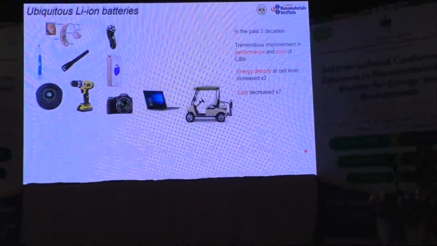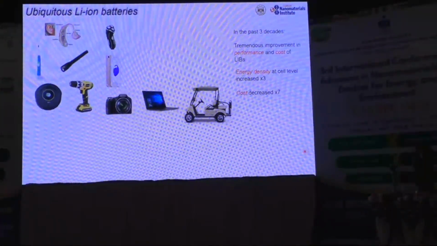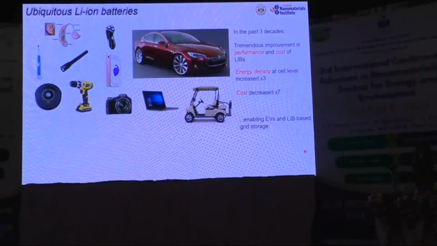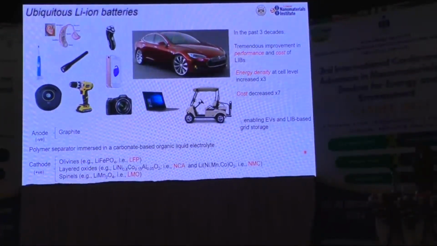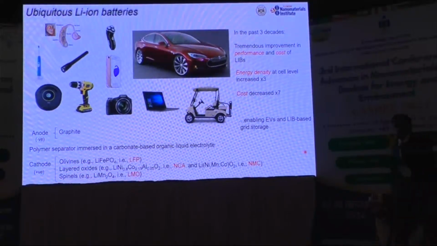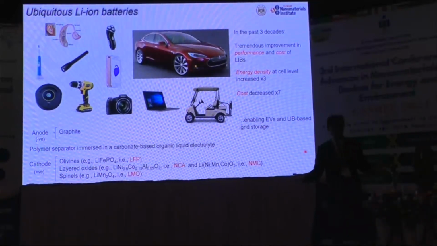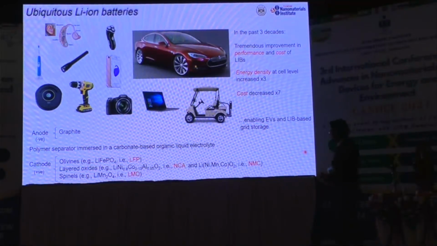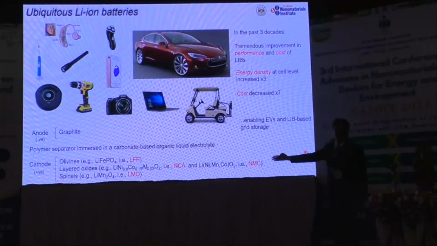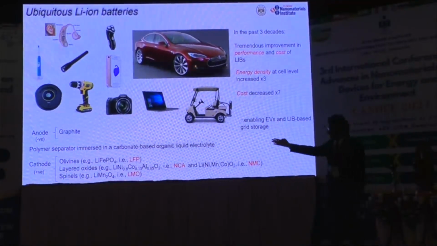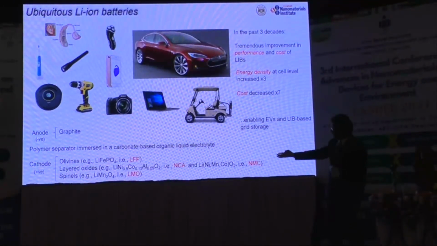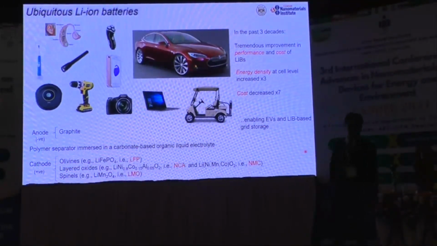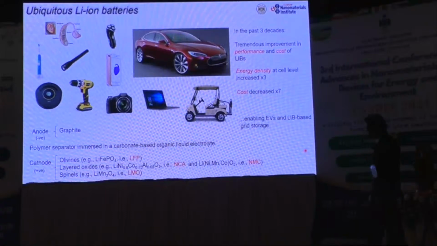Okay, and what exactly are the materials that enable these kinds of things? It's the graphite anode. Graphite is very cheap, right? Graphite anode, and then you have the cathodes. There's a whole family of cathodes, many more elements on the cathode side than the anode side, as you can see on the screen.